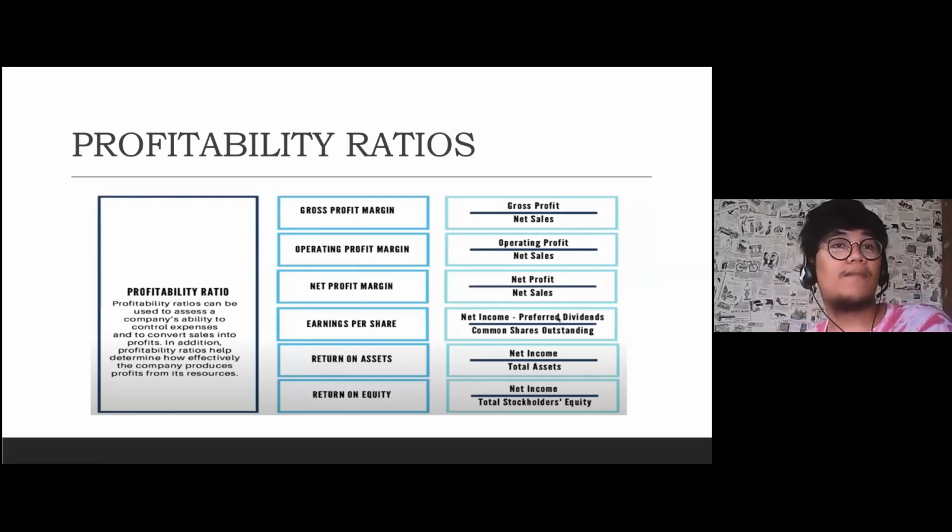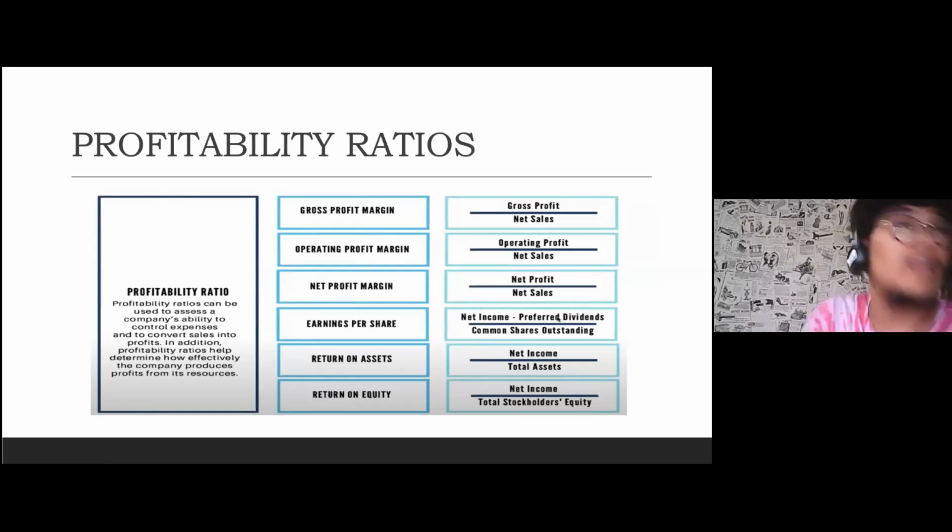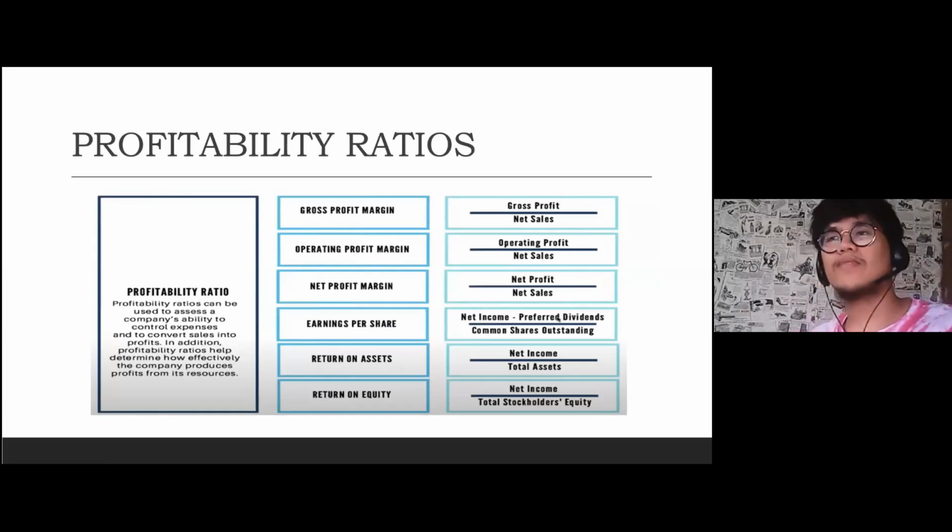Basically, these are a set of measurements used to determine the ability of a business to create earnings. The first one is your gross profit margin. Gross profit margin is calculated by dividing your gross profit over your net sales. Tinitignan natin dito, what is the percentage of gross profit against your net sales?